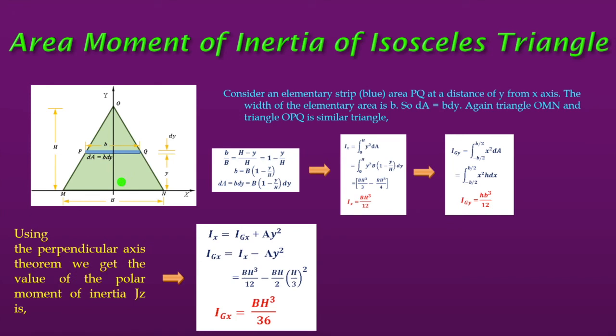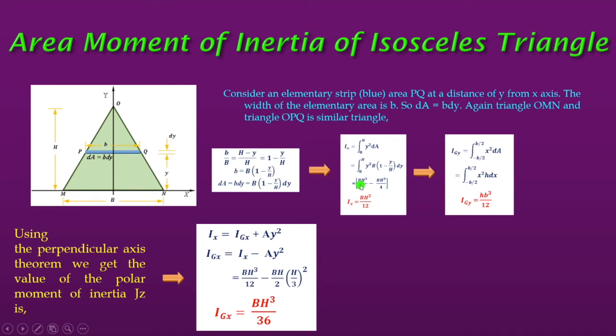Now we have determined Ix, but if we need to know about the centroid, Ix is not a centroidal axis, because we know that the centroid is at h by 3 height from the base, and this axis is not passing through the centroid.